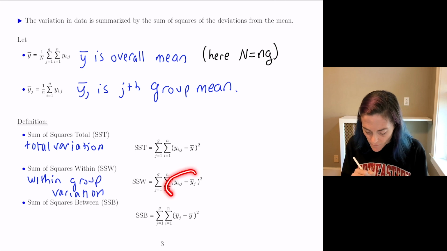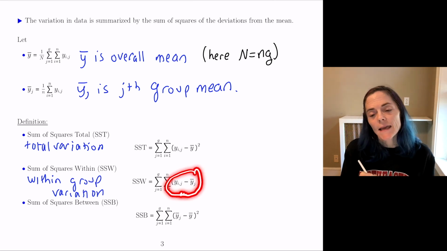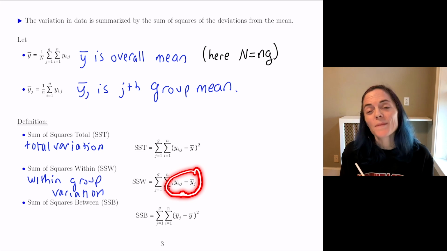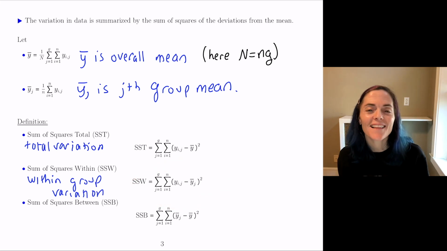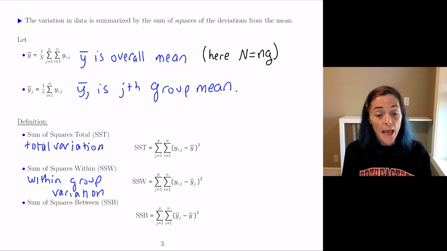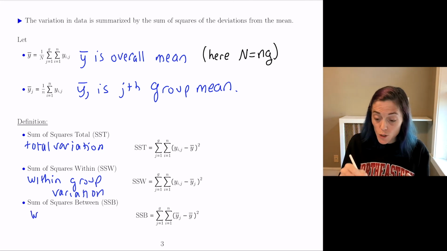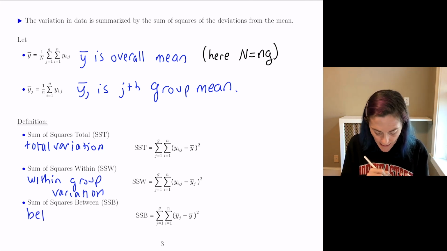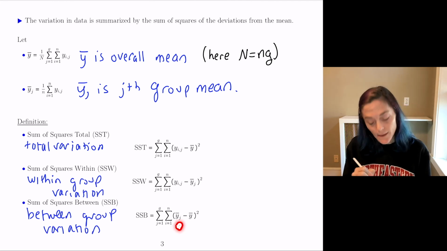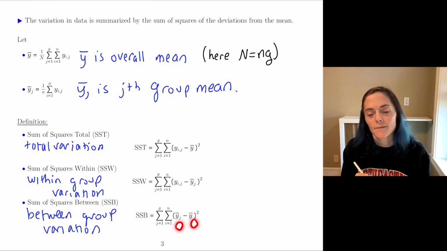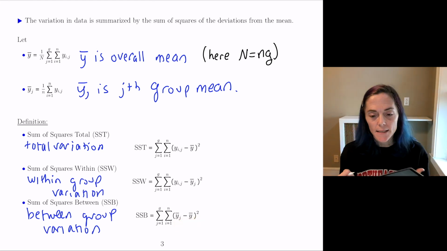We look at the difference from some observation Yij to the group mean, square, and add up over all observations in our data. Then we have the sum of squares between. This measures between group variation. We take the group mean minus the overall mean squared, and then add up over all observations.